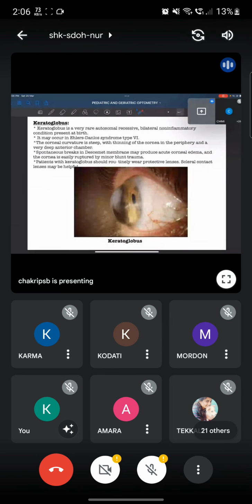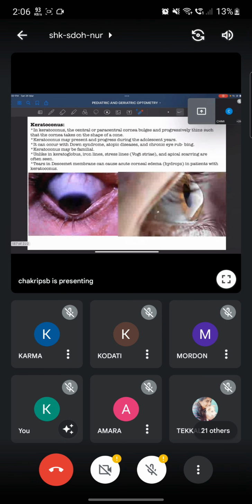It is not inflammatory, and we need to check topography and the thickness of the central cornea, because we have 5 layers and those layers will be thinning. We need to check for thinning of the cornea in keratoglobus patients.